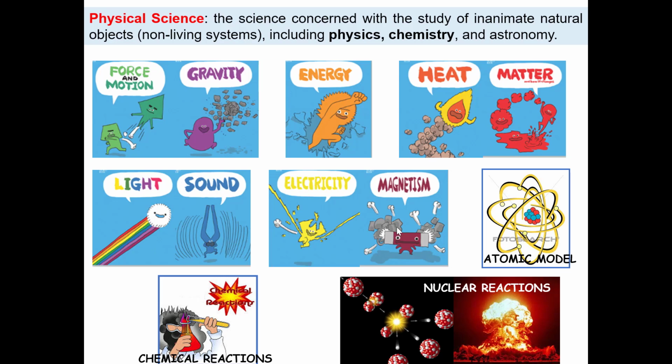As I mentioned before, then we will move to the part of chemistry, and we will discuss the atomic model, the periodic table, the chemical bonds, chemical reactions, and nuclear reactions. I hope that gives you a good idea of what topics we will cover in this course.